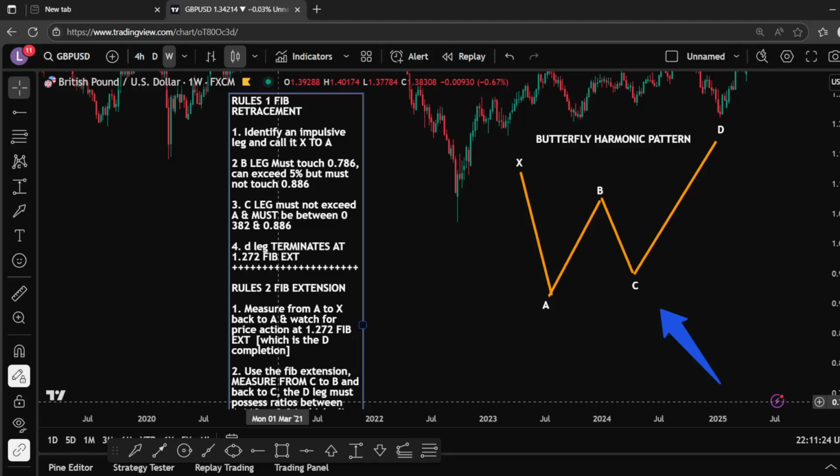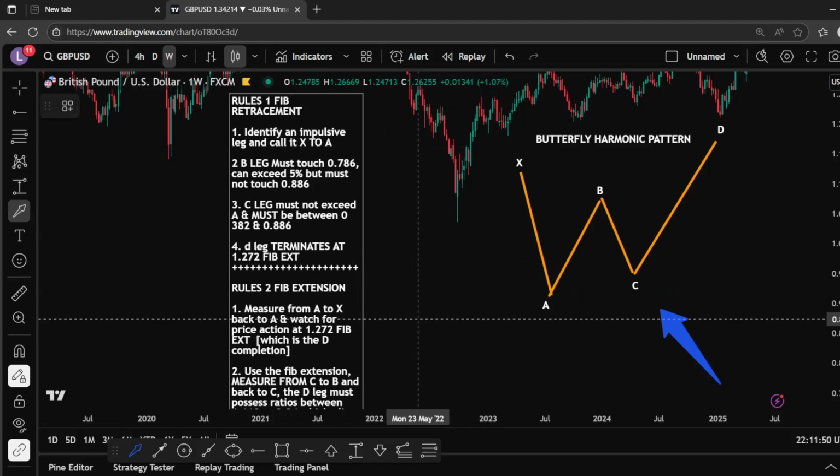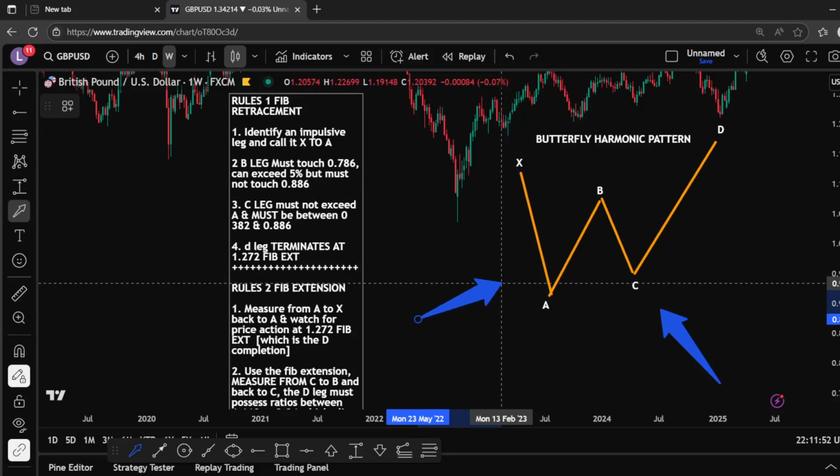So the butterfly has a precise B point at 0.786. It can exceed 0.786 plus 5%, but must not touch the next FIB, which is 0.886. So the first thing we do is identify an impulsive leg, which is our X to A.